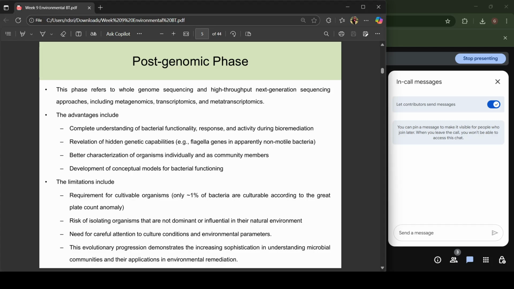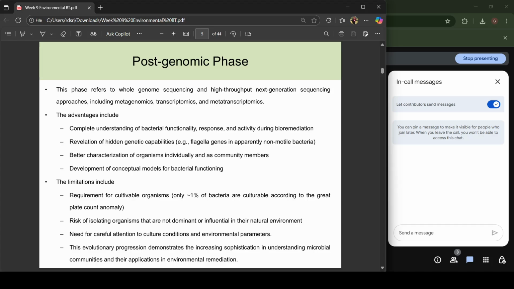But when we do a genetic analysis, we still find the genes of flagella present in the genetic makeup of that organism. So we can come to know the hidden genetic capabilities of microorganisms, and further using molecular studies we can try to explore or express the hidden genetic capabilities also based on our requirements.